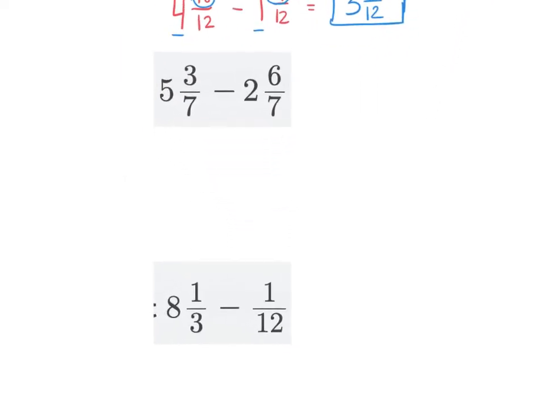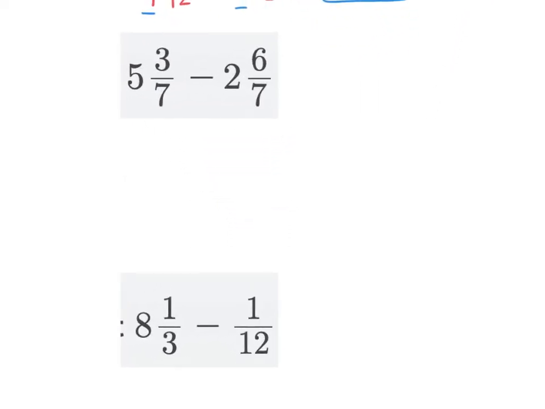Okay, let's take a look at our next one here. 5 3/7 minus 2 6/7. Again, what do we notice? My first fraction is smaller, so I need to break apart my whole number. This is going to be 4, and on that last candy bar, 7/7.